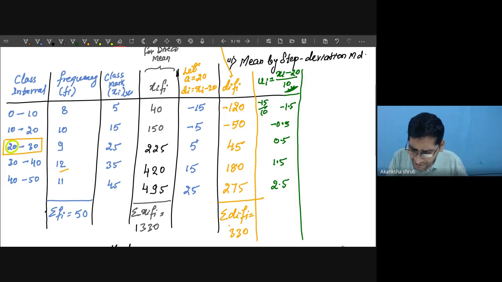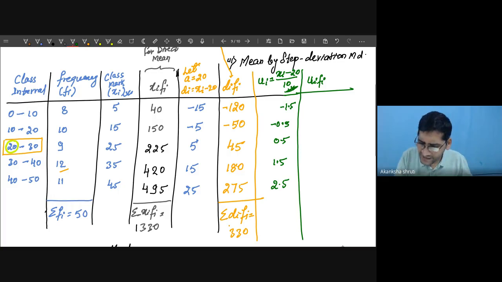After calculation of this column, we have to calculate the ui fi. Why? Now this ui is a representative of the class interval. So in each step the representative is being changed, but the fi remains as it is. So go for calculating ui into fi. Now we need to multiply this minus 1.5 with the fi as 8.